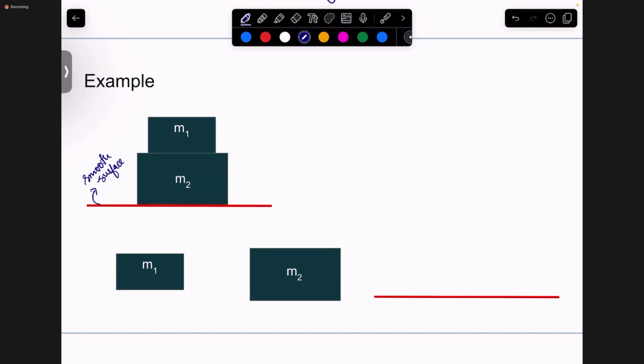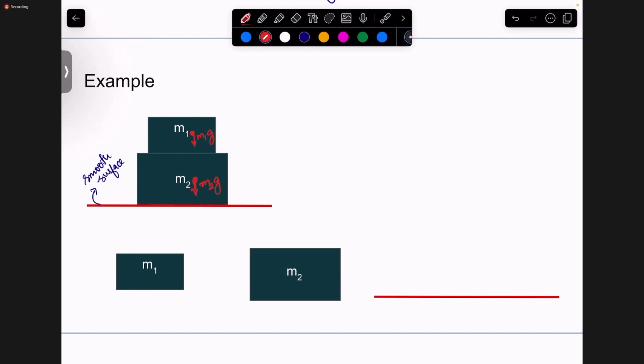So you can see that M2 is exerting some force on the surface. First of all, we can see that M2 has a weight M2G, and M1 has a weight M1G, which is acting downwards.